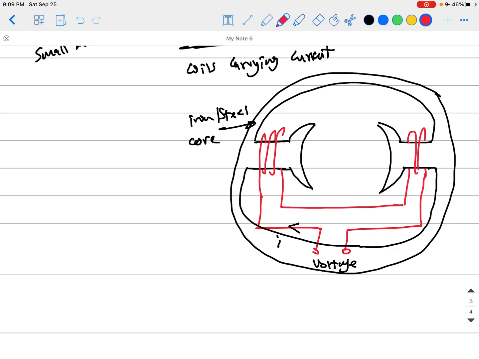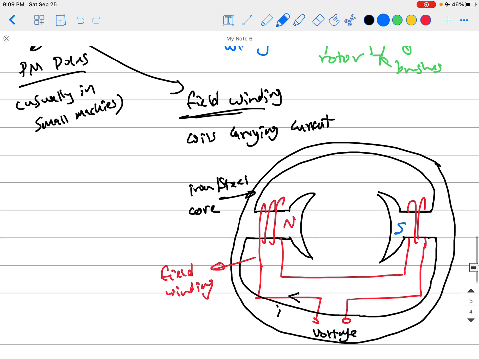And here are the field coils or field winding, because you have multiple coils here. So one of them will be north, the other one will be south, only by making the direction of wrapping the winding different from one to another. So one will be north and one will be south, just like this.